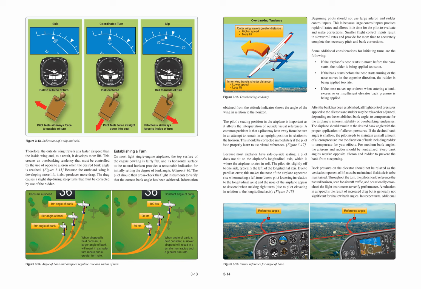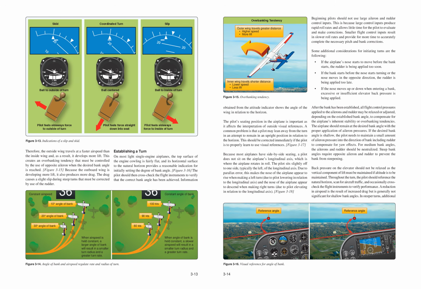Turn coordinator: left turn, no pitch information, ball to inside of turn. Pilot feels sideways force to outside of turn. Pilot feels force straight down into seat. Pilot feels sideways force to inside of turn. Figure 3-13. Indications of a slip and skid.